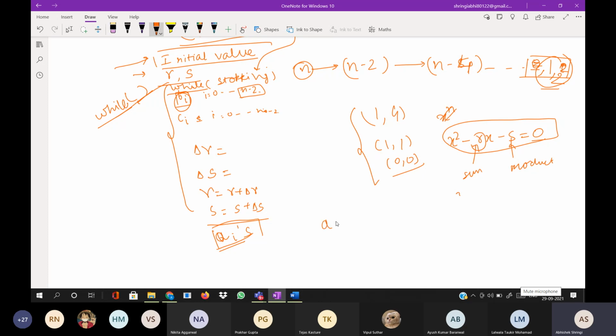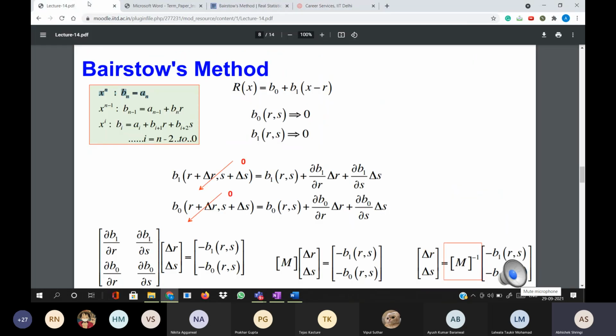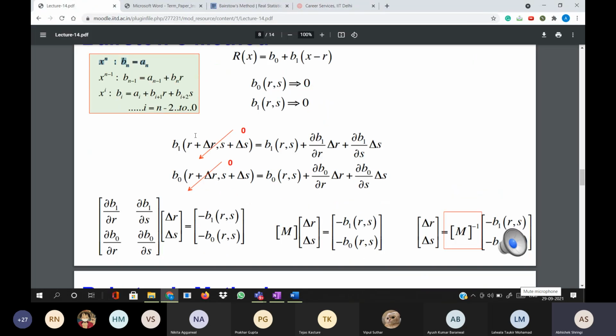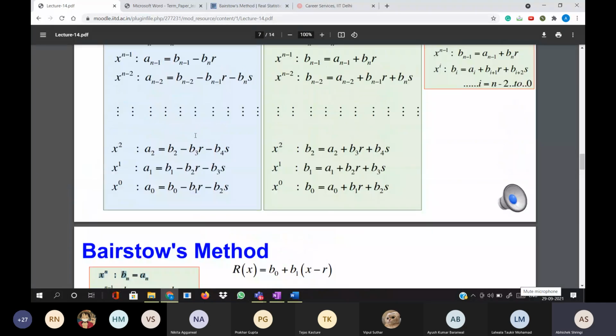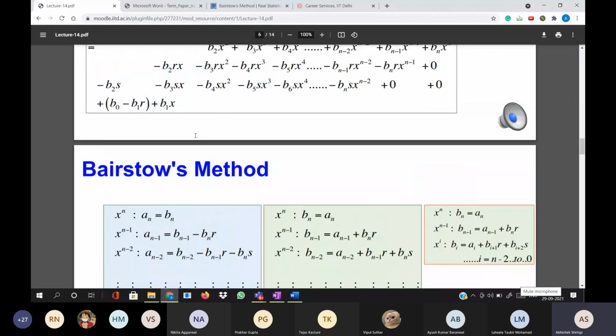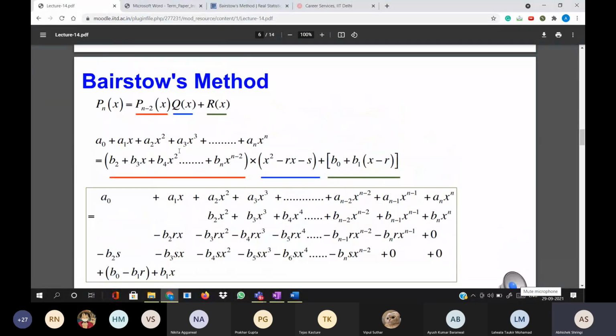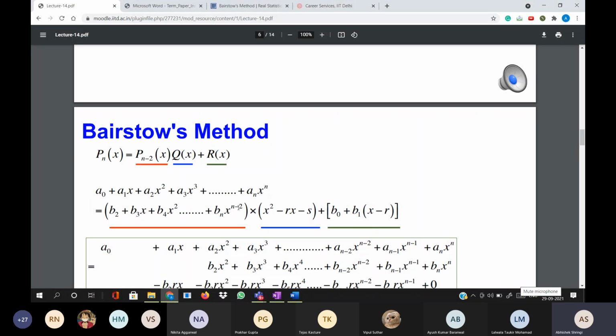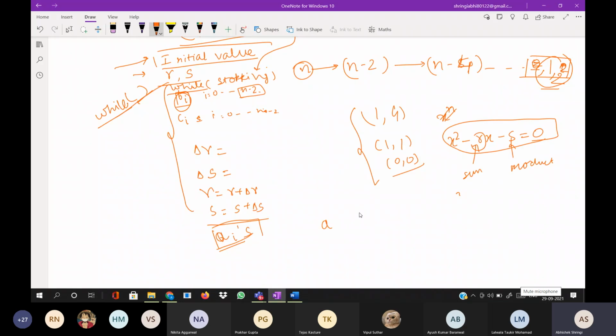Let me see what original polynomial we had. This polynomial we had initially. So what is the sum of the roots of this?